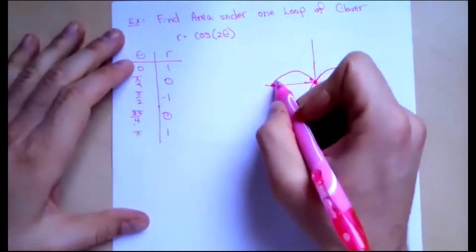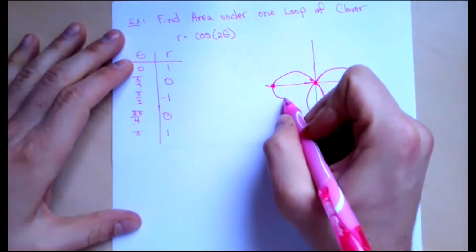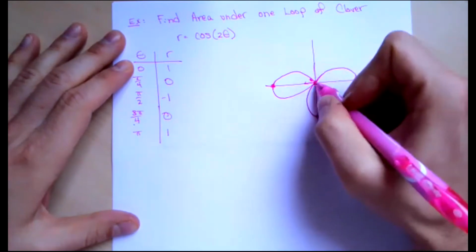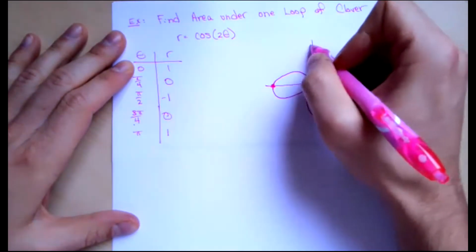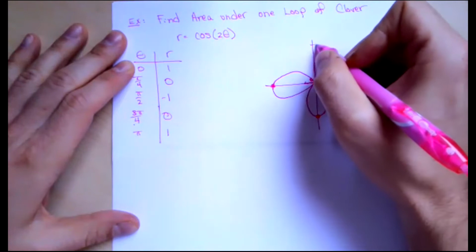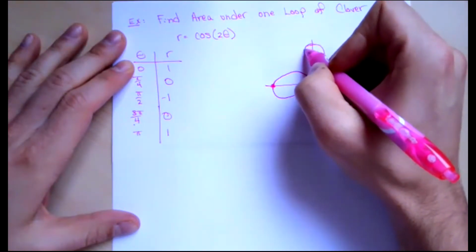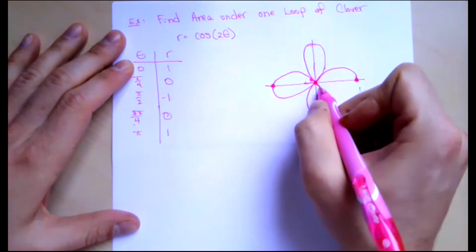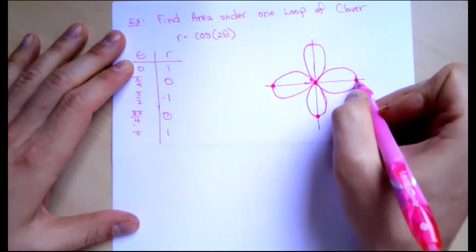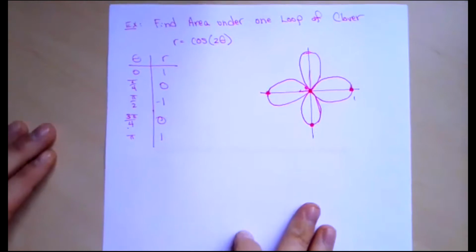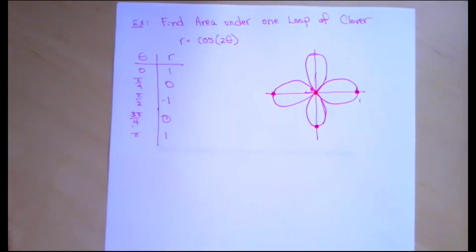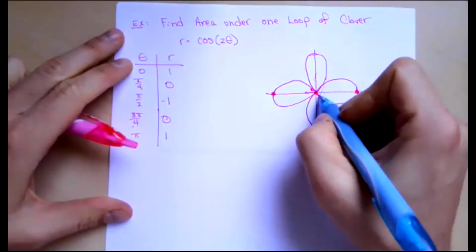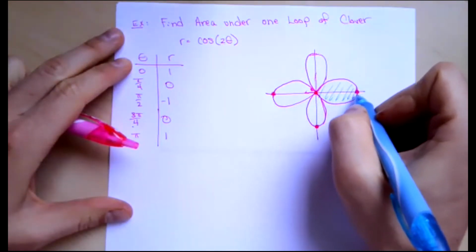If you would continue this, it's going to keep that same pattern going. So it'll pass through 45 degrees, come up, hit a peak, and then come down, pass through 45 degrees, and then go out to that rightmost peak. And it looks like this 4-leaf clover. And so we want to find the area of one petal.